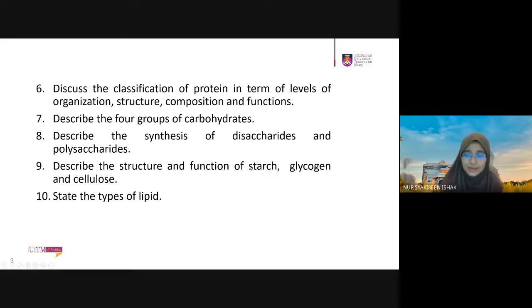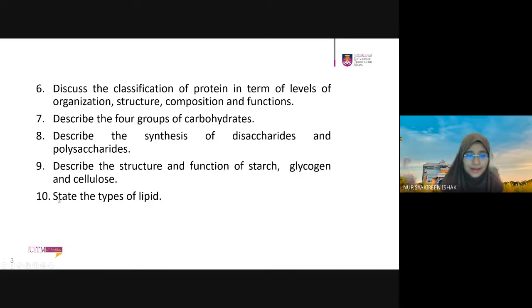So when you eat potatoes, rice, it gives you energy because it is composed of many glucose molecules. And then glycogen is the storage carbohydrate found in animals, and usually they are stored in the liver. And then cellulose is the component of plant cell wall.